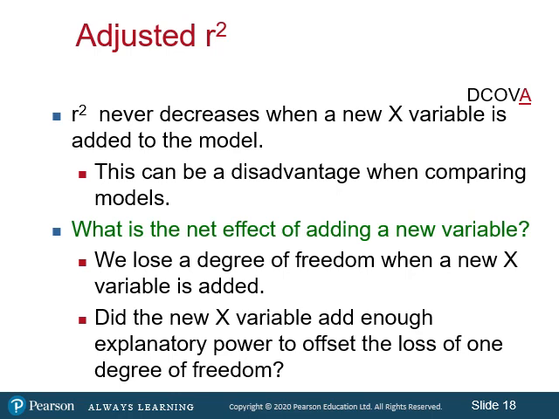We have another value called adjusted R square. When you include more independent variables, R square never decreases. This can be a disadvantage when we compare models. If you want to compare two different models, one with 5 independent variables and another with 10 independent variables, the model with 10 will have a higher R square and the one with 5 will have a lower R square. To penalize for this complexity, we do an adjustment to the degrees of freedom.